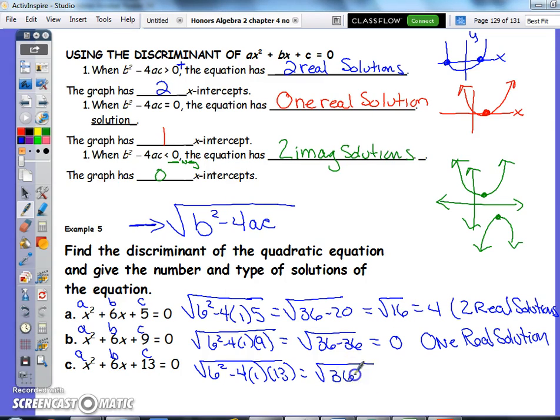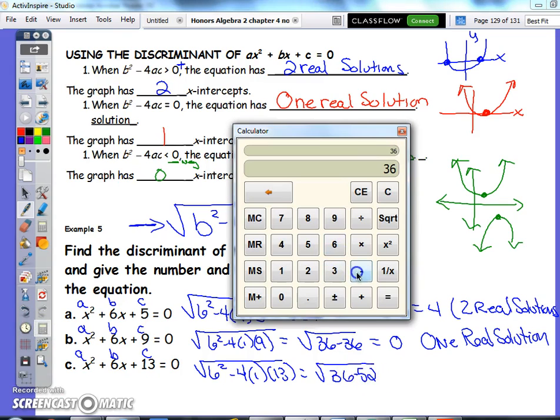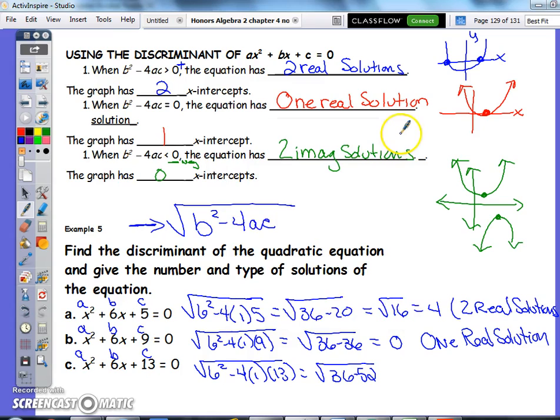Making sure it's right, 52. You get a negative number, 36 minus 52 gives you negative 16. The square root of negative 16 will give you plus or minus 4i. So two imaginary roots, or solutions. Roots and solutions can be used interchangeably. There we are.